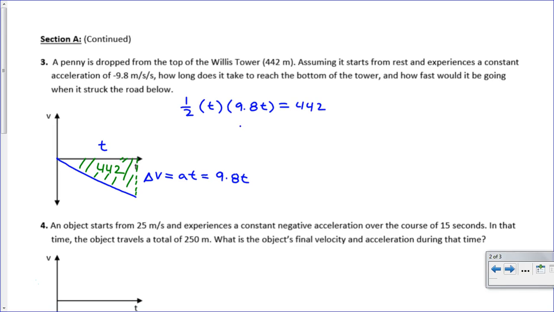If you multiply this out, you end up with 4.9 t squared equals 442. All right, divide both sides by 4.9. Take the square root. You should get that t equals 9.5 seconds.